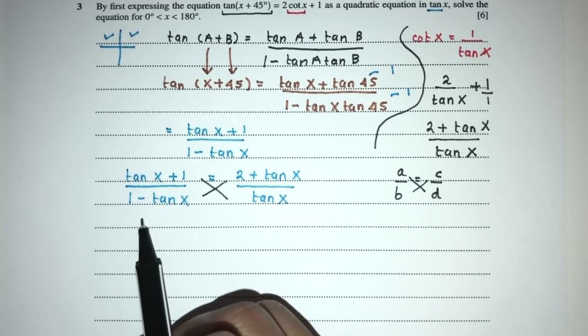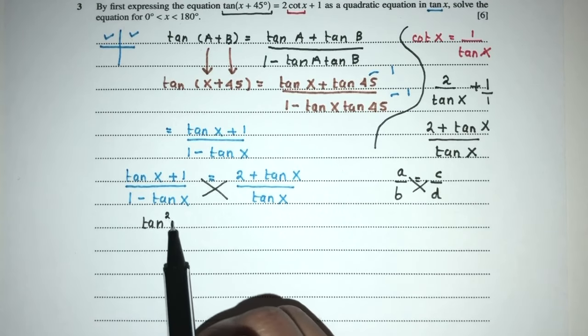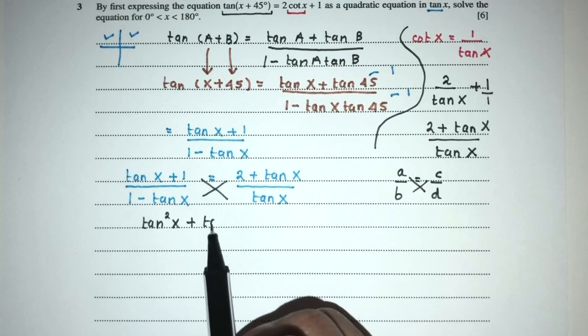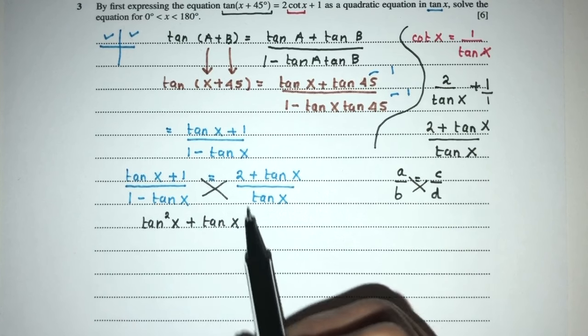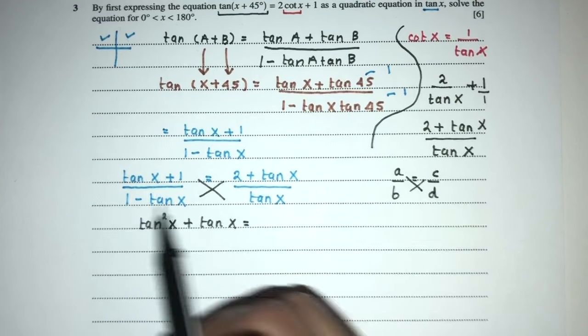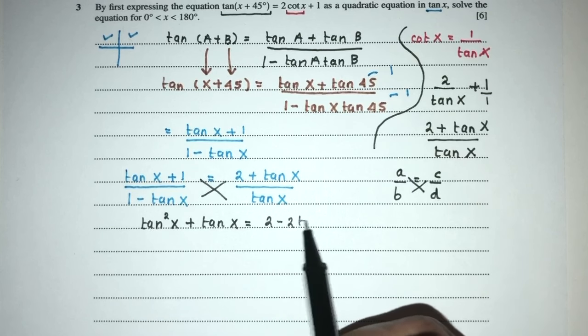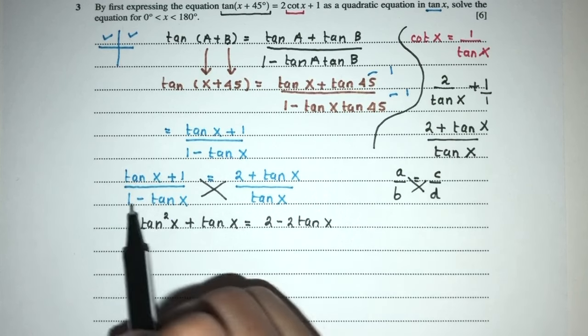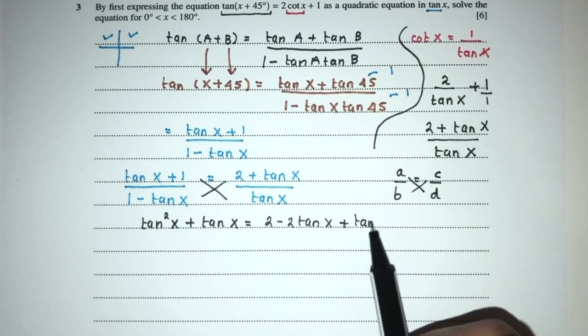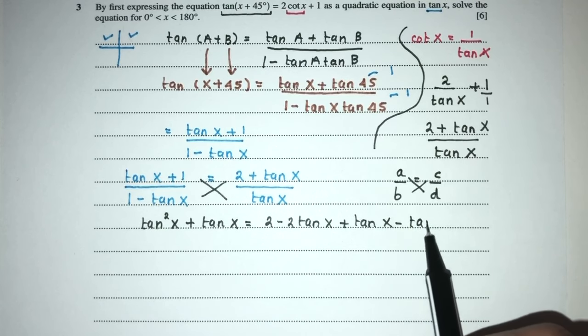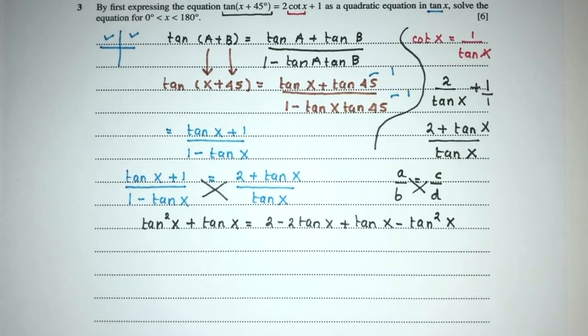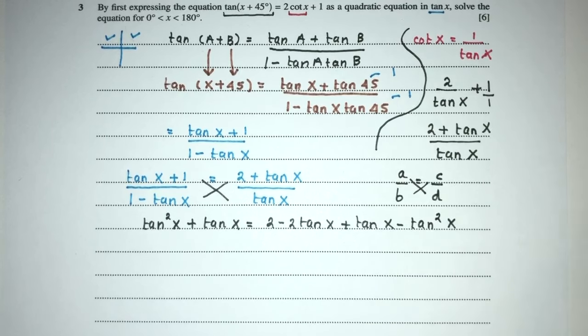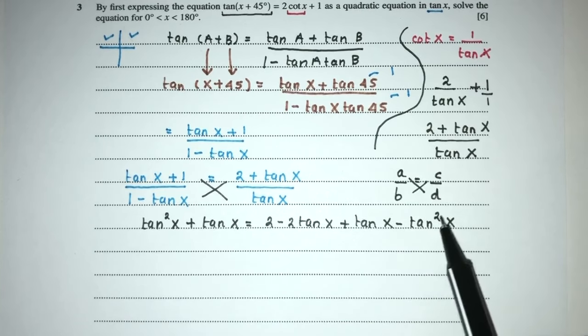On this side you will have tan squared x plus tan x is equal to, so let's take 2 first, 2 times this will be 2 minus 2 tan x, and this time this will be plus tan x minus tan squared x. Okay, now let's see how we can simplify some more. Let's send everything to one side.